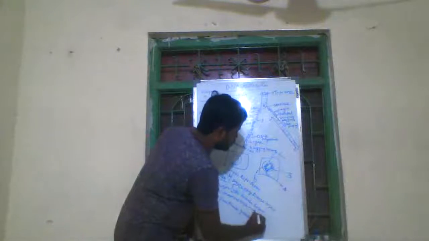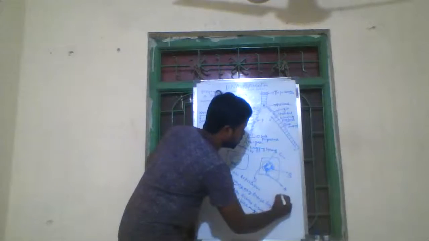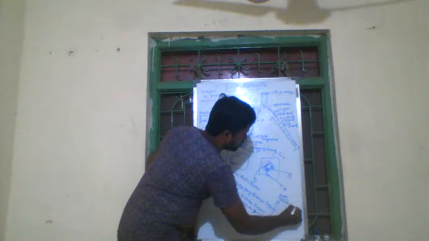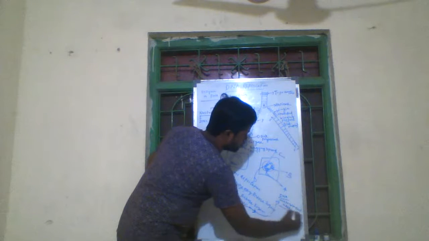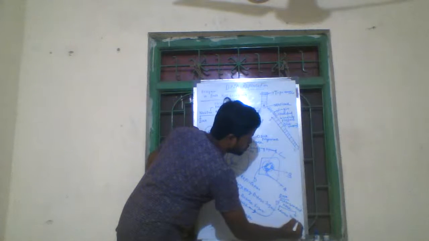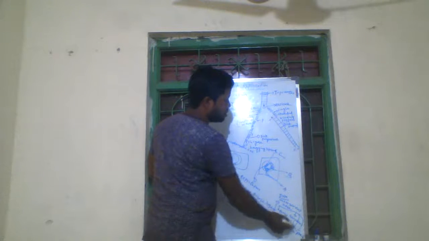So I am drawing the nitrogenous bases again. In the case of DNA, the nitrogenous bases are adenine, guanine, thymine, and cytosine. In the case of DNA, there are four types of nitrogenous base.